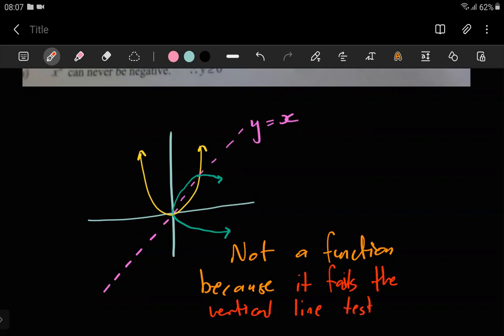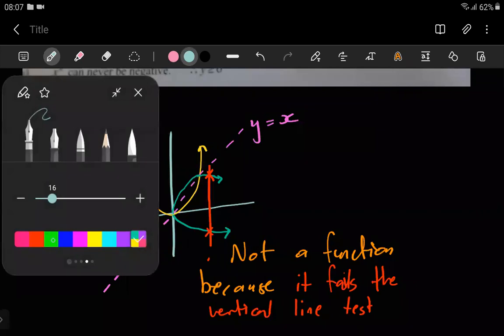The vertical line test is basically you're drawing a straight line going downwards. If that straight line cuts the graph once, it's a function. That's why the yellow graph is a function, because it passes the vertical line test. The green one fails the vertical line test, because the red line touches it twice. So this here is not a function because it fails the vertical line test.